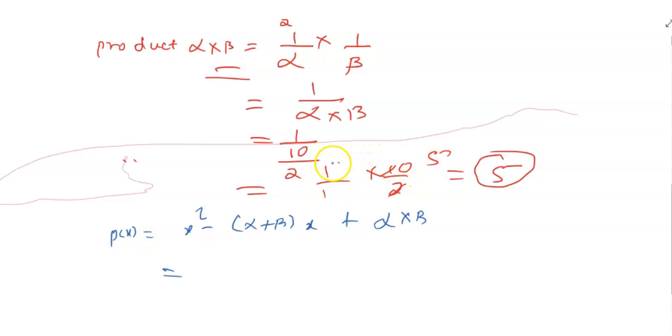Here, sorry, the leading coefficient 1 will come here. So let's insert the values. x square minus, what is the alpha plus beta value we have got? 9 by 10, x, plus, what is alpha beta? 1 by 5. This is your answer.